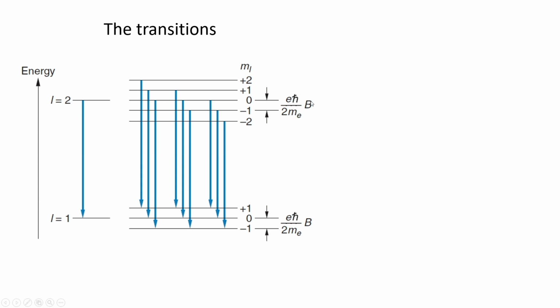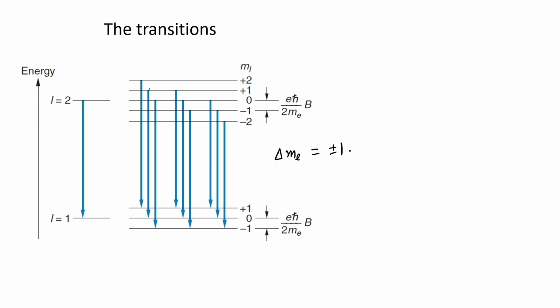So, that would be this ml mu_B B, which is this eħ by 2m_e into B. So, that is the splitting that you see, and it is a uniform splitting for L equal to 1 and L equal to 2. And now, these are these 9 transitions that you see, which correspond to delta ml equal to plus minus 1, or the mod of delta ml equal to 1.